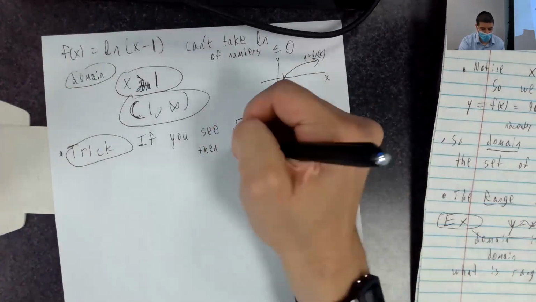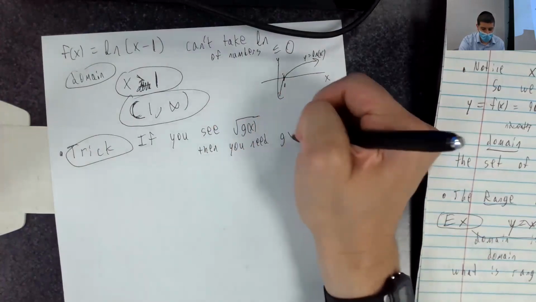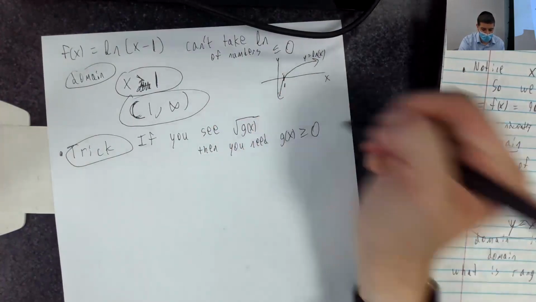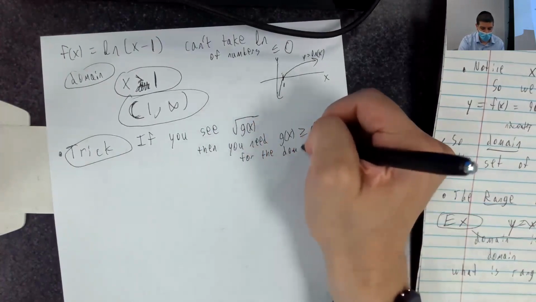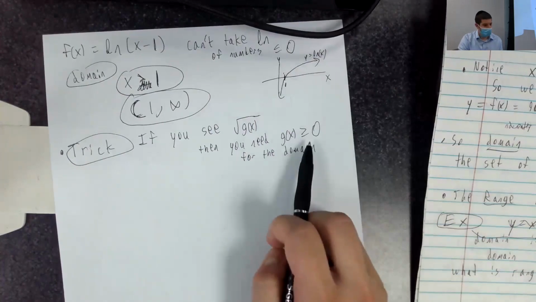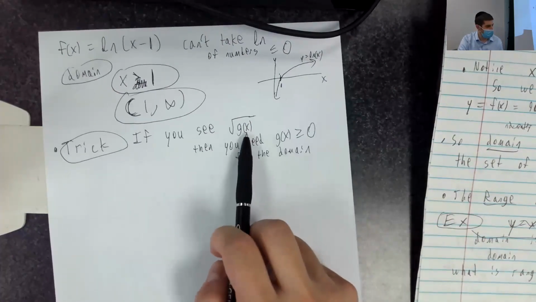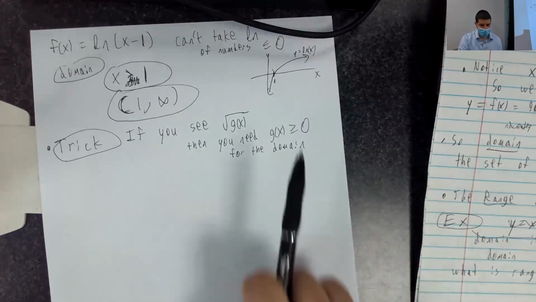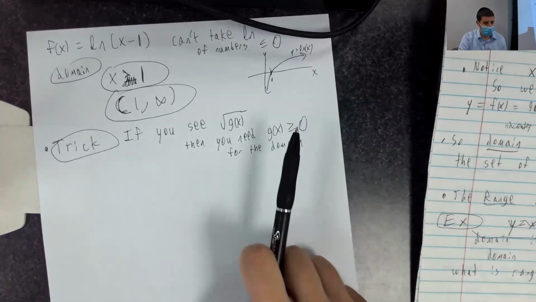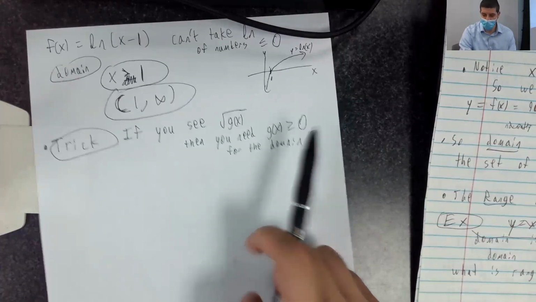Then you need g of x greater than or equal to 0 for the domain. Right? You need to solve an inequality. You can't end up with negative numbers in the radical. Whatever thing you see in a radical, that whole thing has to be positive. That's how you're going to set yourself up, by setting it greater than or equal to 0.